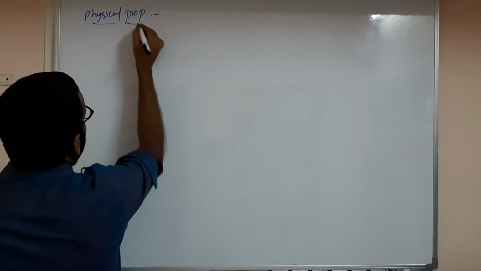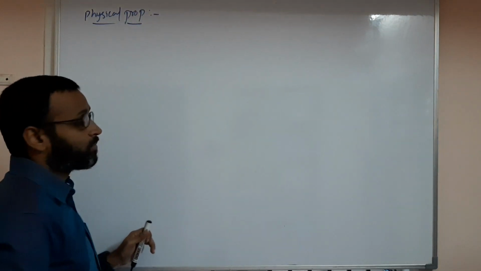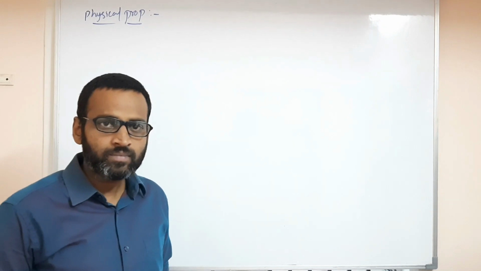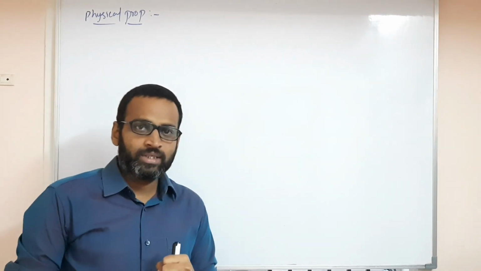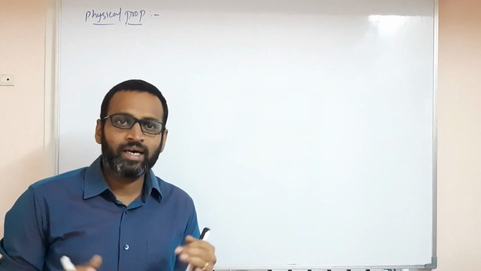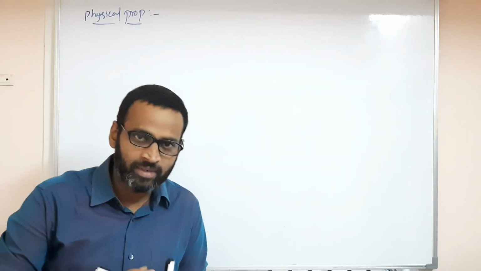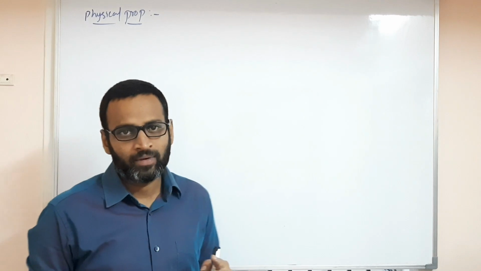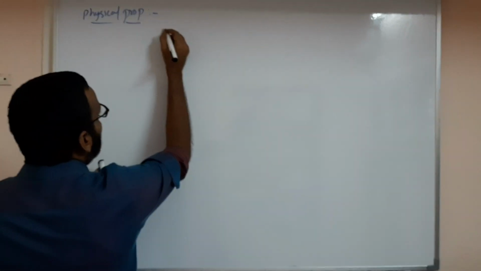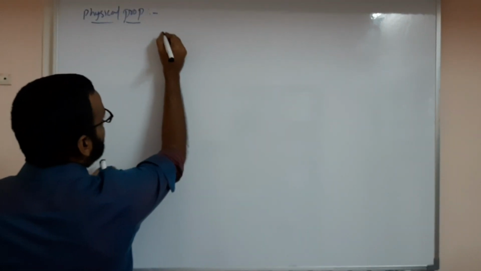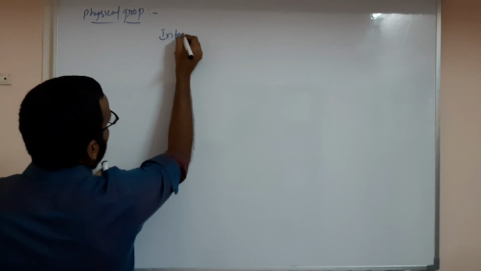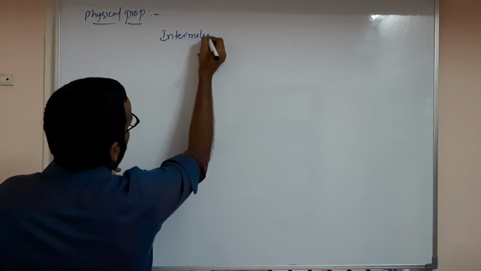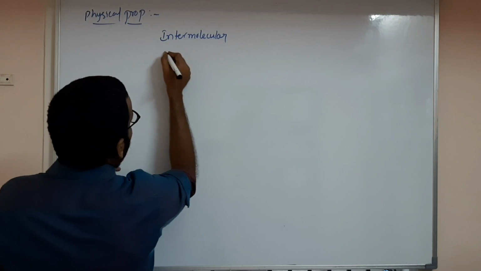Actually, I have no need to say it, but generally I'll tell you how to understand physical properties. In physical properties, alcohols have hydrogen bond formation ability. Therefore, they have high boiling point and melting point. Boiling point and melting point depend on intermolecular attractive forces.